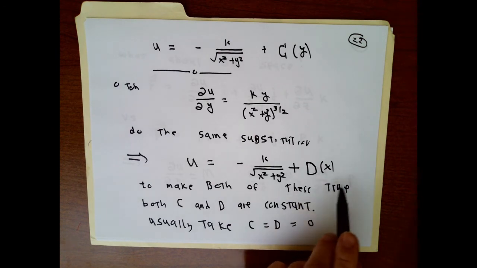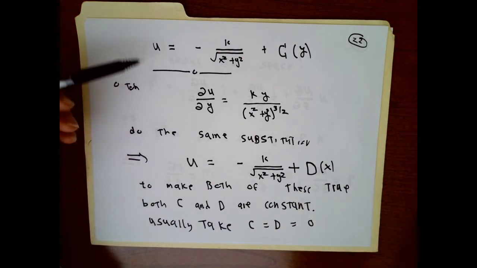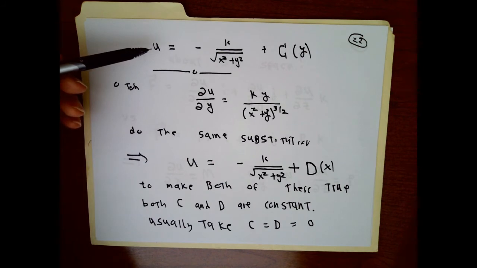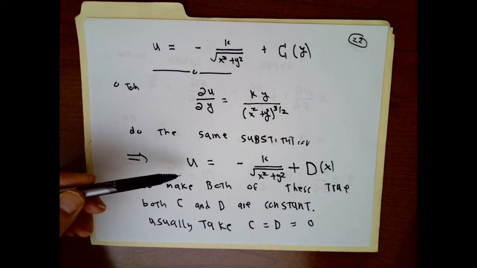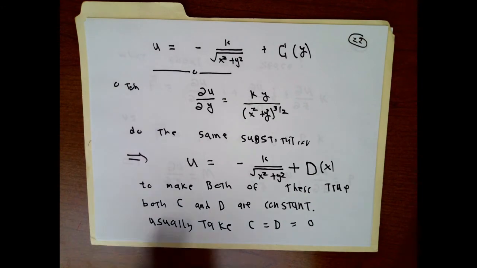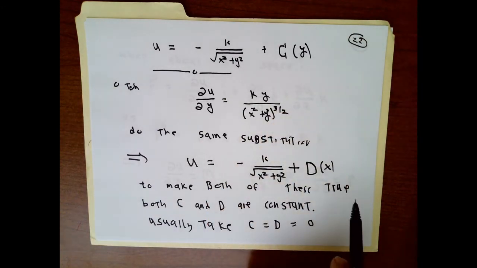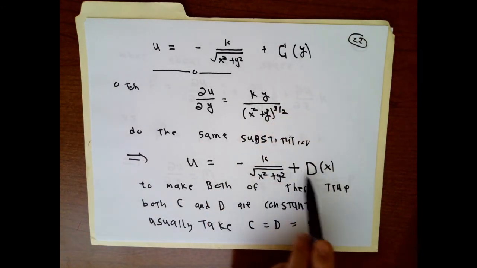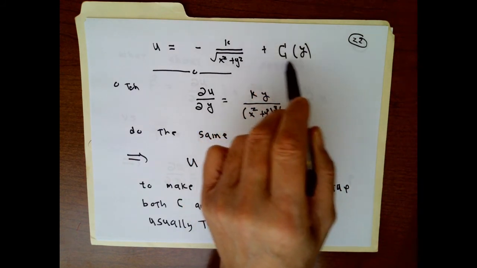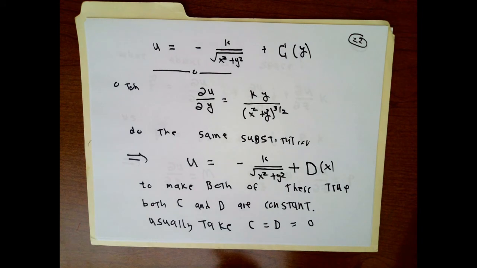It could depend on x. U has to look like this. Also, u has to look like this. The thing that you're adding on in this situation can't depend on y, and it can't depend on x in this one. The c and the d would have to be constant values.